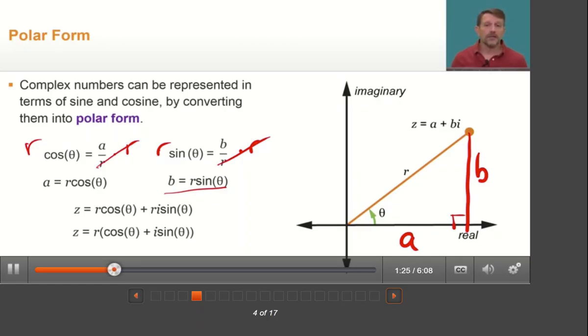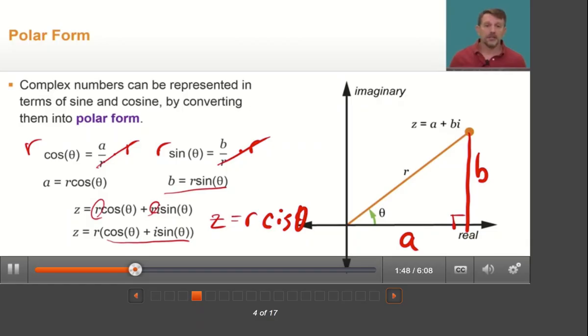If we factor out the common factor r, we'll get r times (cosine theta plus i sine theta). Sometimes we'll shorten this to z equals r cis theta.